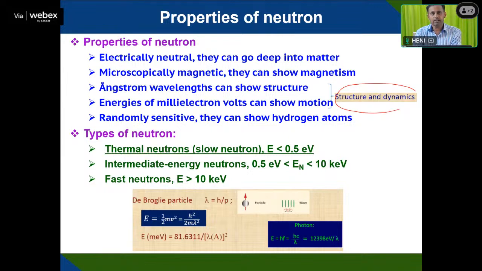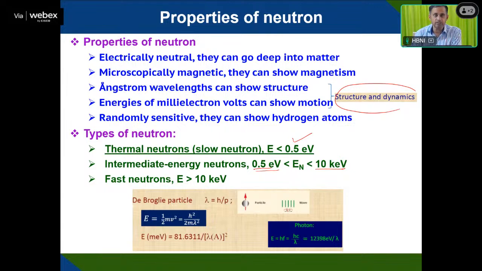So there are mainly 3 types of neutron that we see generally. One is the thermal neutron, or slow neutron, with energy less than 0.05 electron volt. Then there is intermediate energy, 0.5 electron volt to 10 keV, which are your intermediate energy neutrons.